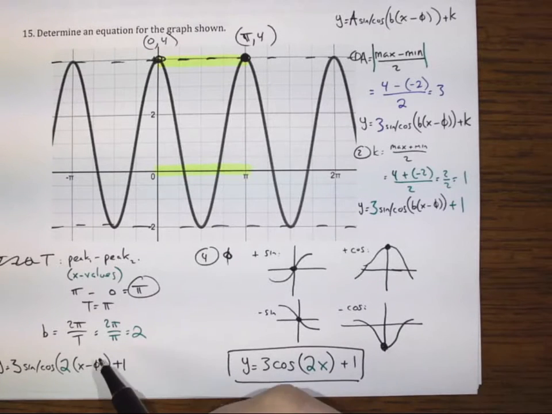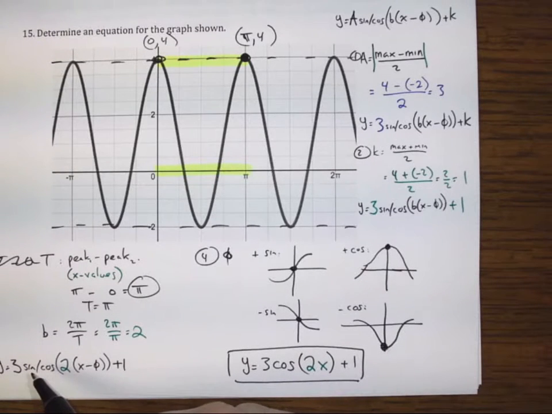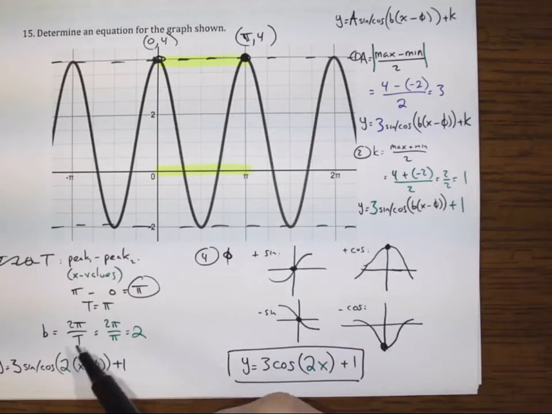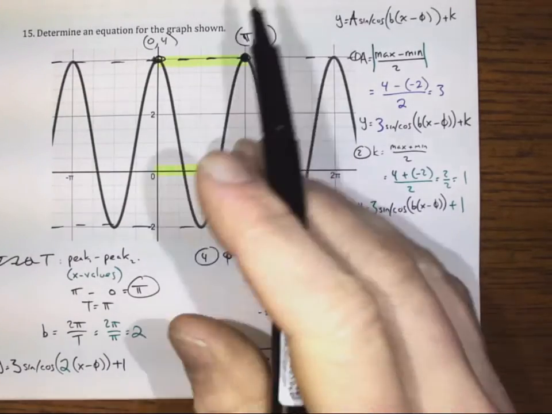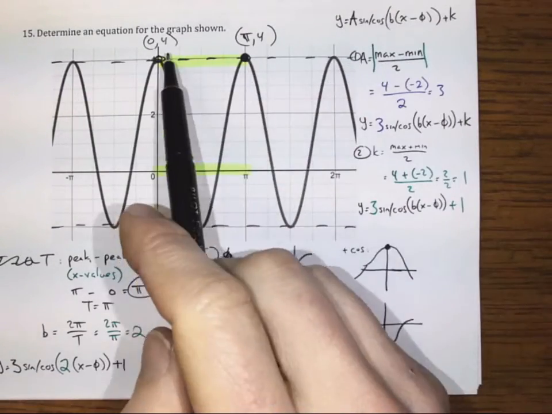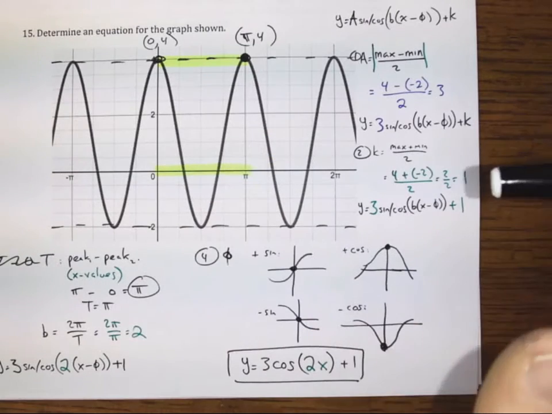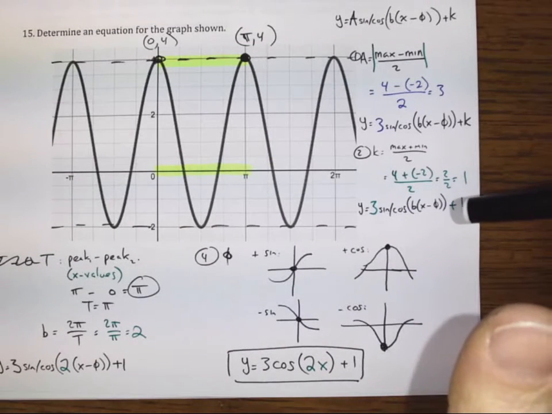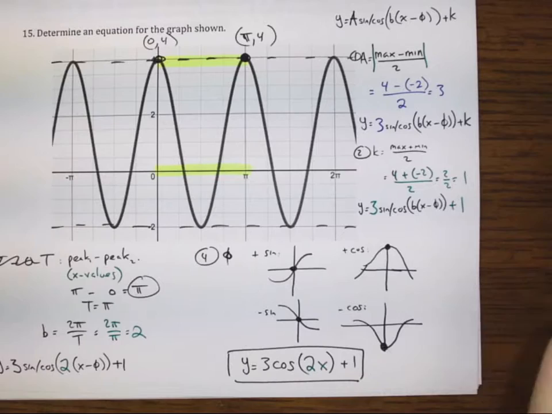You made some different choices about maybe whether you used sine or cosine, or maybe you used cosine but thought about it starting over here or something like that, and therefore it had been shifted pi units to the right. That's fine. There are many correct answers to this. This is just one.